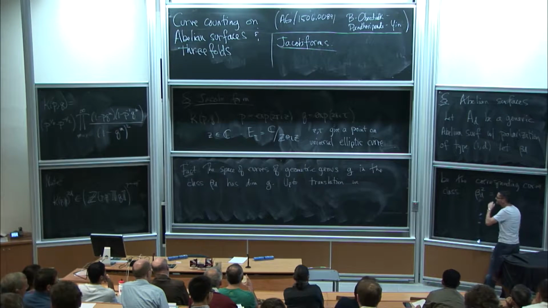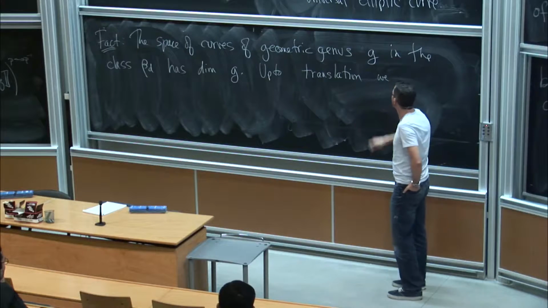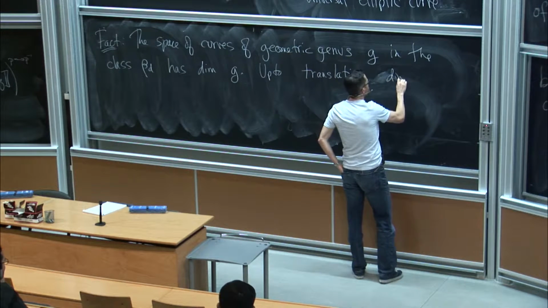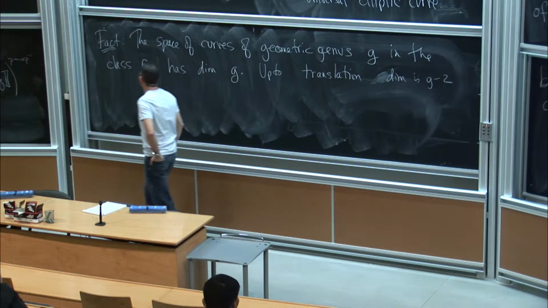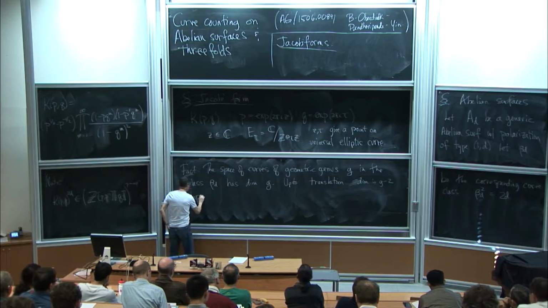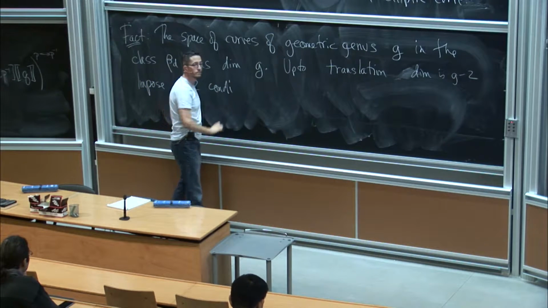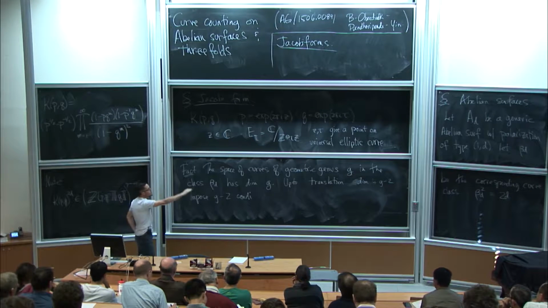Yeah, so okay, so up to translation, of course, we have a G minus 2 dimensional space. So I want to impose G minus 2 conditions. Well, this is actual dimension. So I'm on a generic abelian surface.